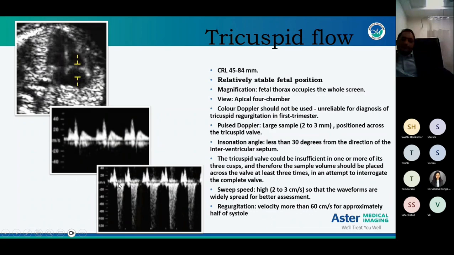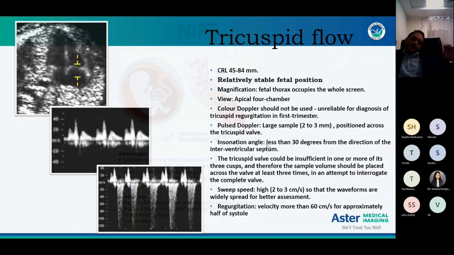You can see here, this is the entire systole. Sometimes you'll get just a linear jet here due to valve opening and closing, but that is not considered as regurgitation. To call it a regurgitation, the reversal of flow of more than 60 centimeter per second should last for more than half of the systole. So this is about the tricuspid flow.